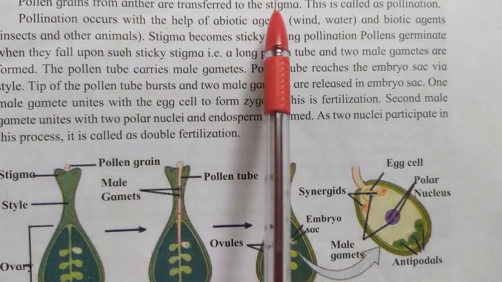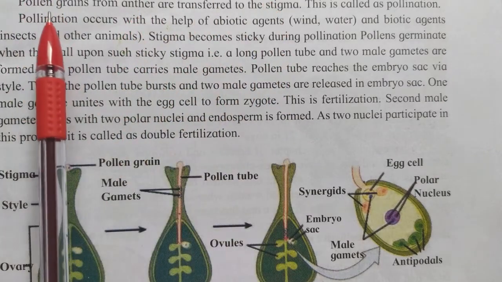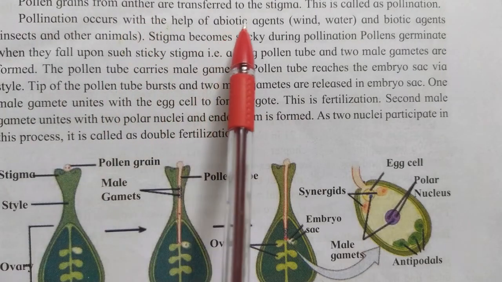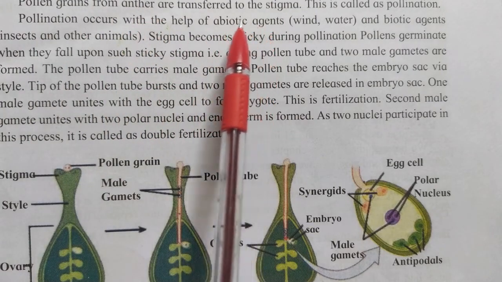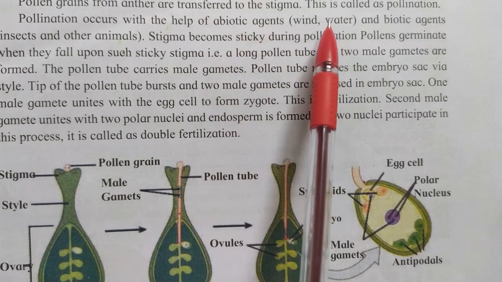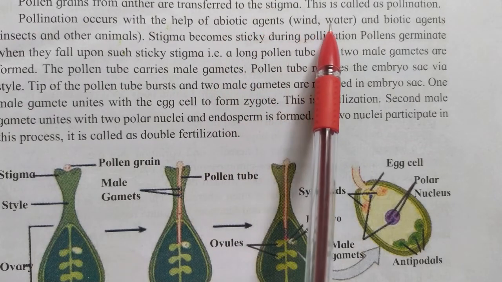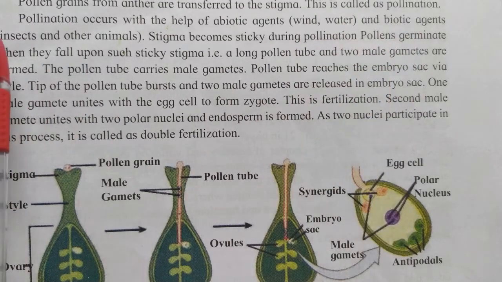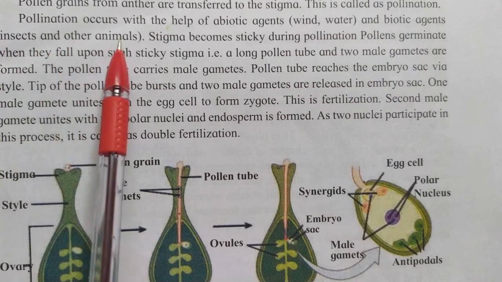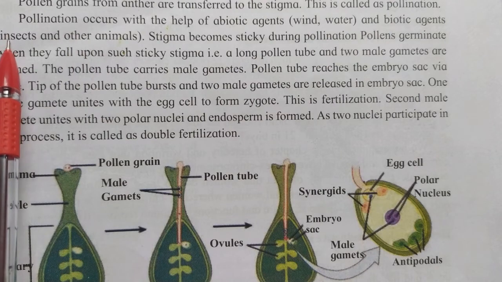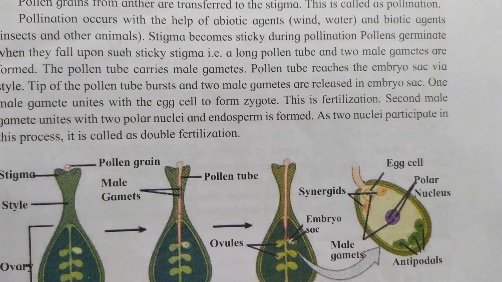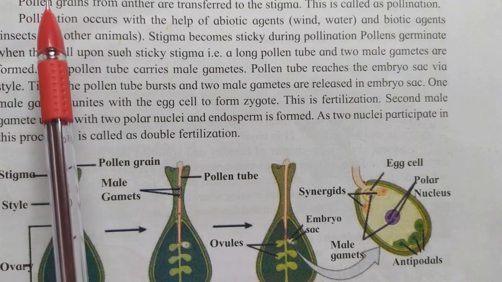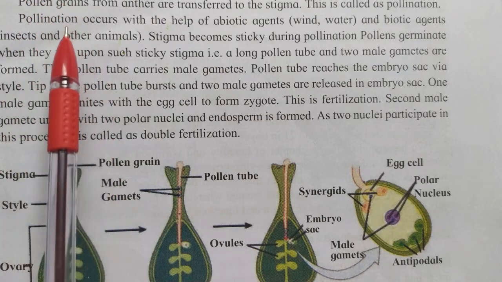From anther to stigma. But this particular pollination occurs with the help of abiotic agents which are non-living, so wind or water, and sometimes biotic agents like insects and other animals. So when insects sit on the flower, these pollen grains stick to their wings or to their legs.